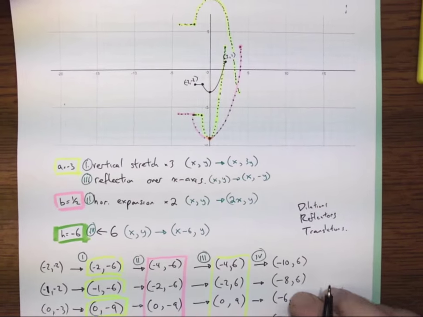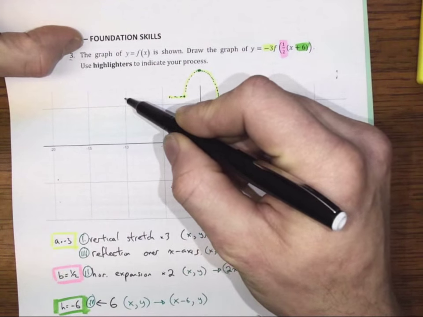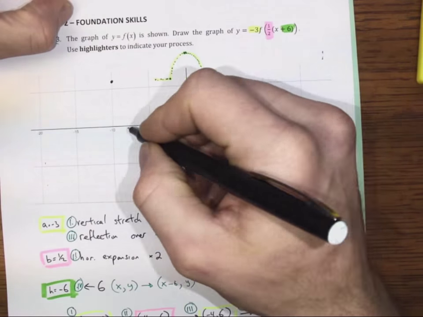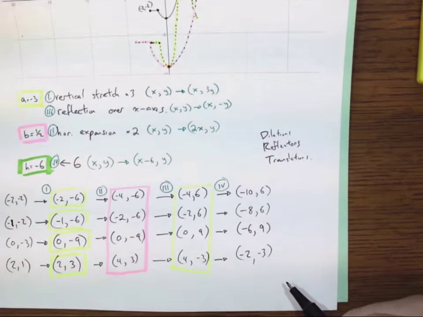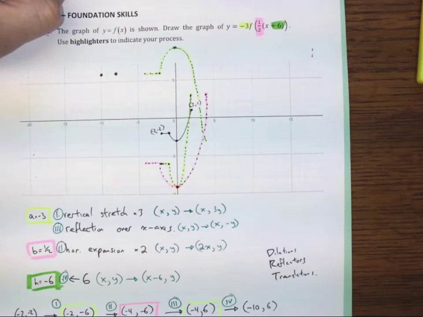That's negative 2. So that means we have 4 new points to plot. And these are our last final 4 points. Negative 10 and positive 6. Negative 8, positive 6. It's here.